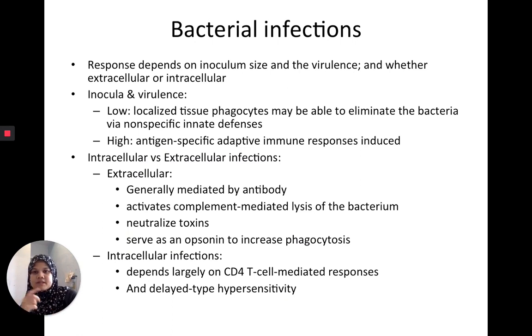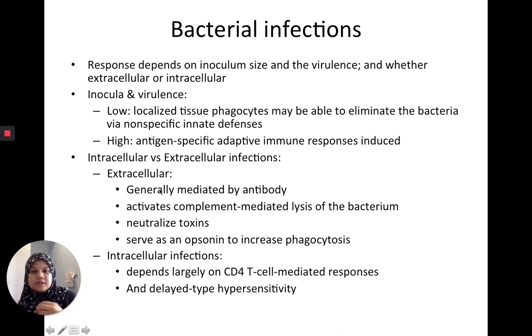So if it's got low inocula and low virulence, usually just the innate response or the local phagocytes can get rid of it. But if you've got a high inocula and a high virulence, then usually the adaptive immune response is induced to get rid of it. And when we talk about the adaptive immune response, it also depends on intracellular versus extracellular.